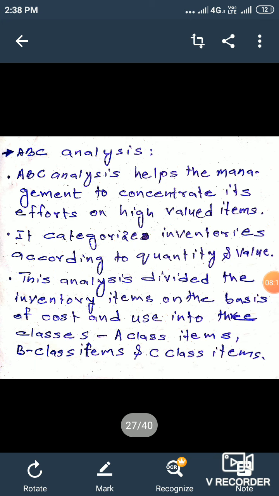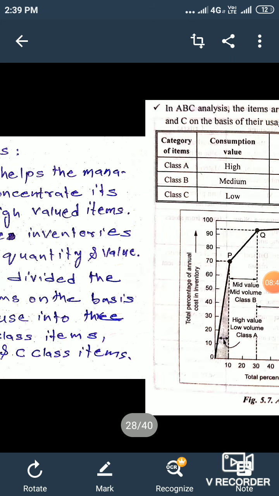ABC analysis is also called always better control analysis. It categorizes inventories according to quantity and value. This analysis divides the inventory items on the basis of cost and use into three classes, namely A class items, B class items, and C class items.